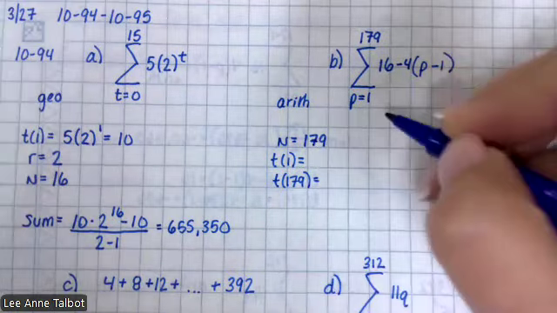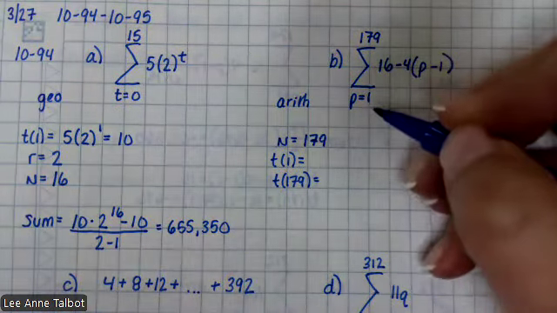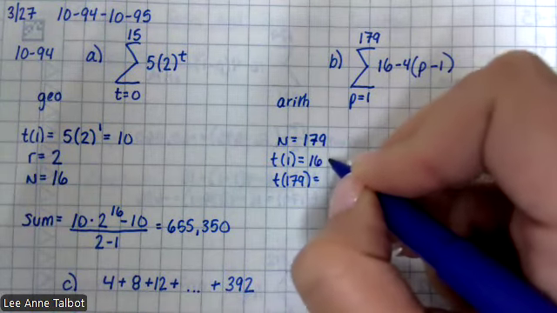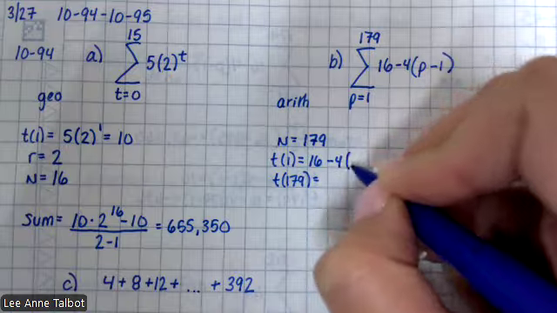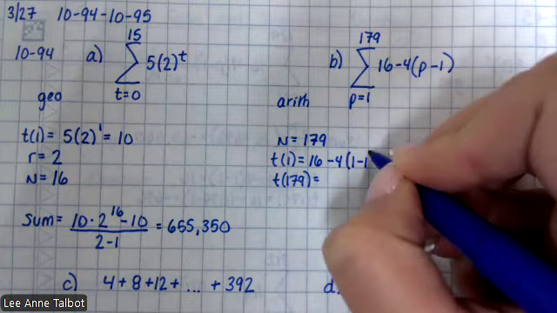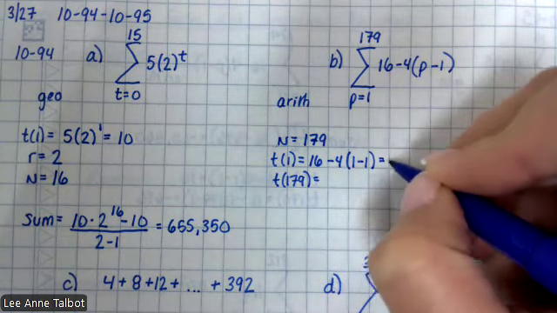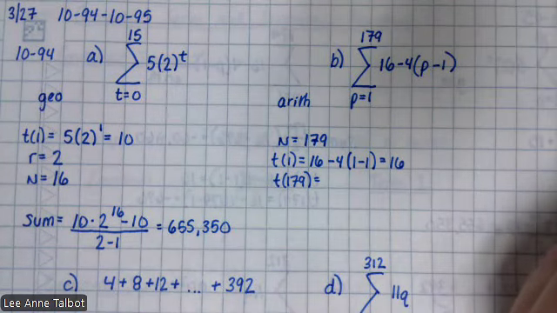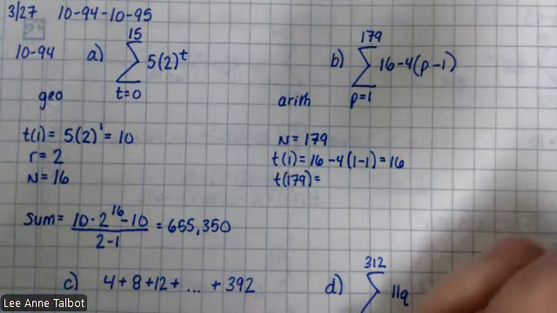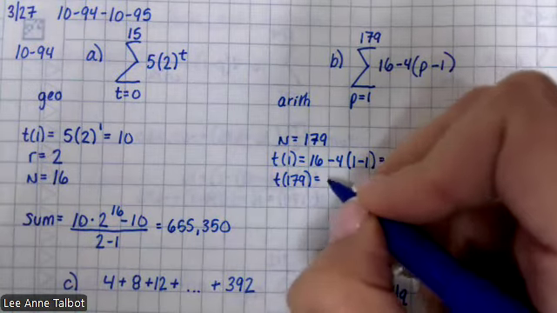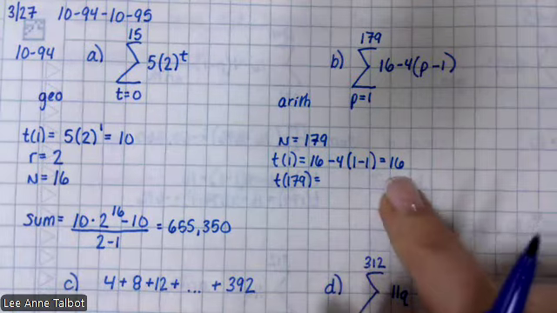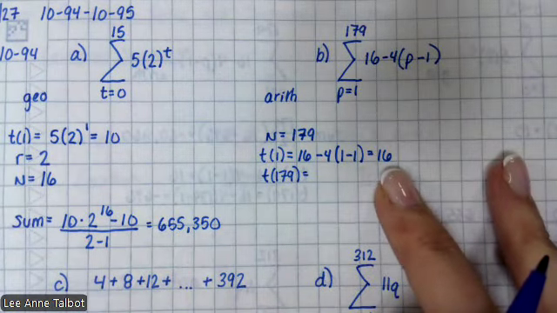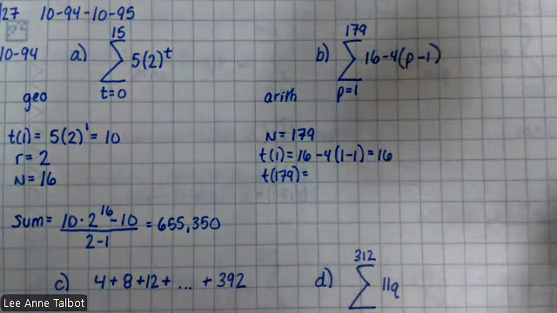So there's 179 numbers between 1 and 179. The first term is 16 minus 4 times 1 minus 1, which is 16. Which by the way, if you're really tuned into the lesson, you could have seen that it was 16 immediately because of the way that this equation's written.